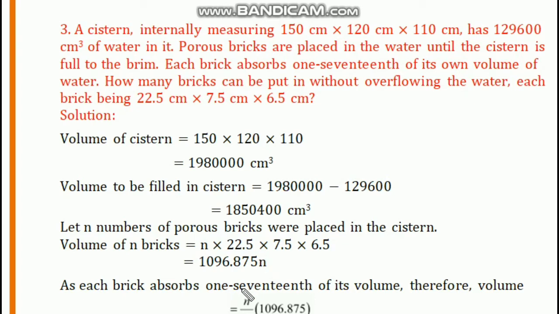And one more condition is given: each brick absorbs 1/17 of its volume. So here we need to multiply by 1/17. If you multiply by 1 divided by 17, we get the volume absorbed by the bricks.